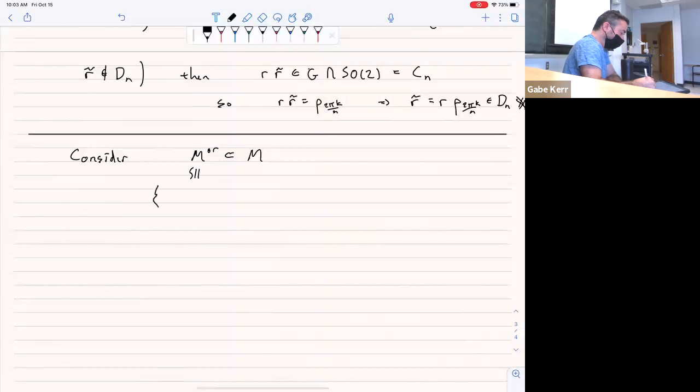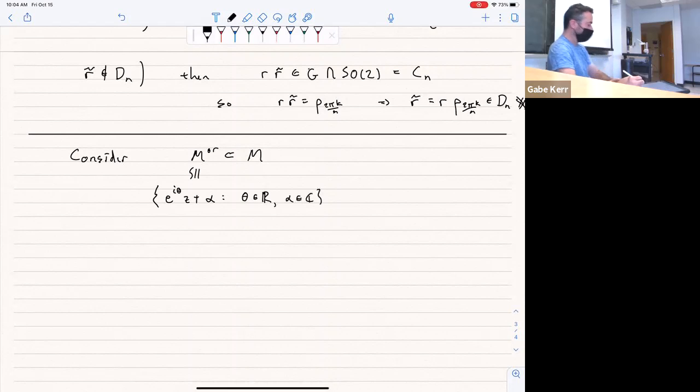Anyway, here we can consider all the following things. We can look at e to the i theta z plus, let's call it alpha, where theta is in R and alpha is in C. Think of this as a linear, or an affine, function of z. The operation here is composition.